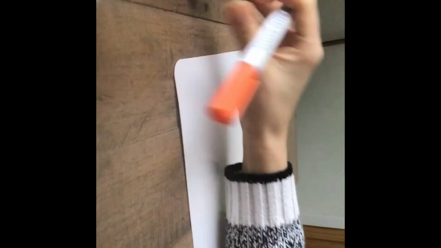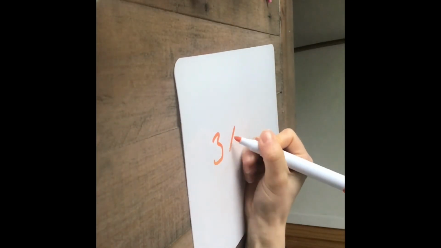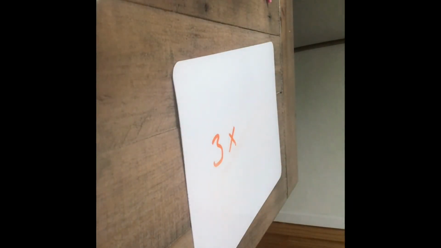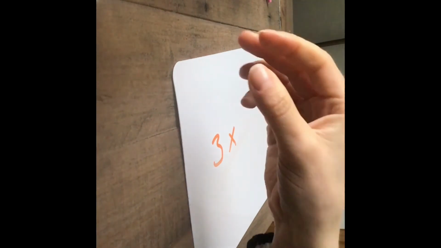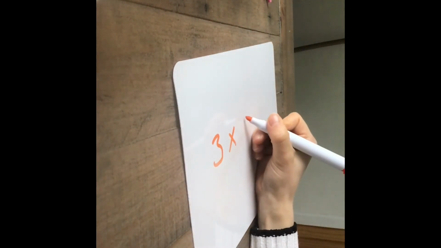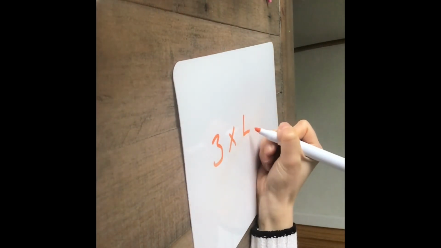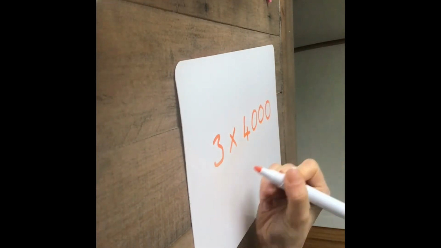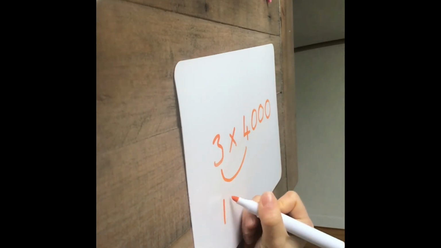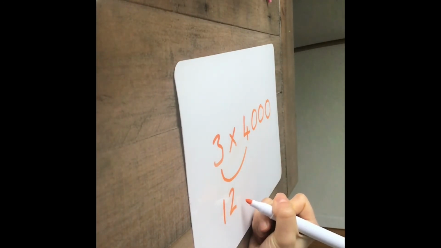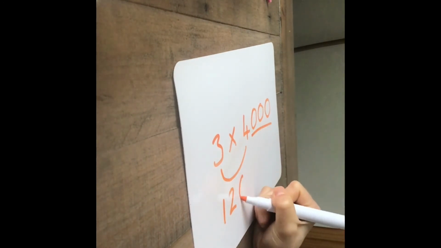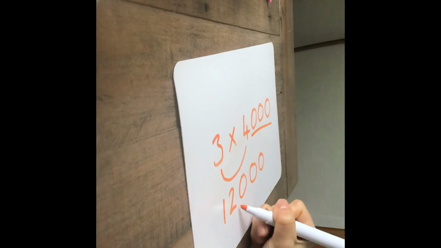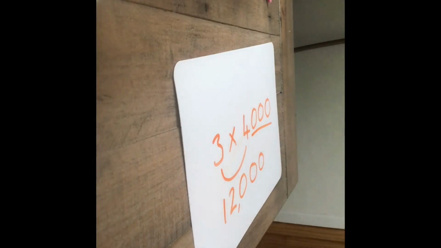Right, 3. 3 times, okay, I'm going to make it 4,000 this time. So 3 times 4 is 12. How many zeros have I got? 1, 2, 3. 12,000.